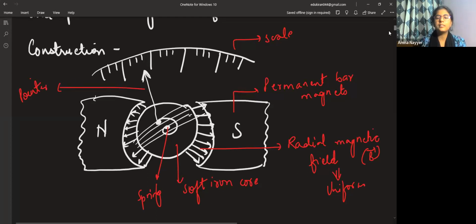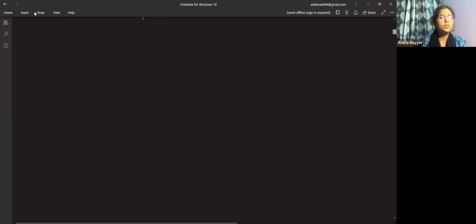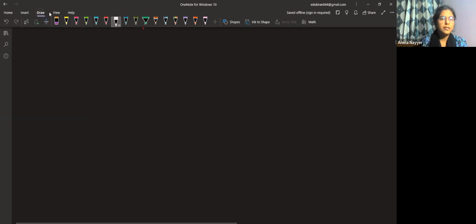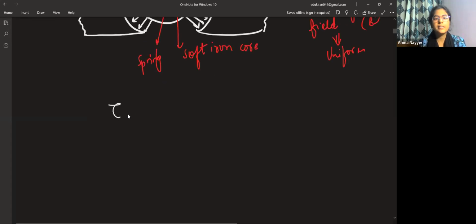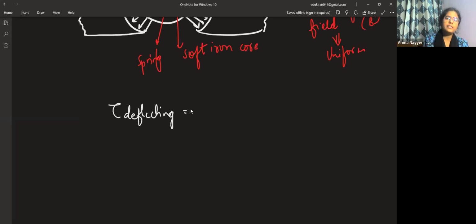Now what happens? Torque comes into action. Basically there's a deflecting torque. Deflecting torque means the torque that will come into action because of the presence of magnetic field. That is NAIB.